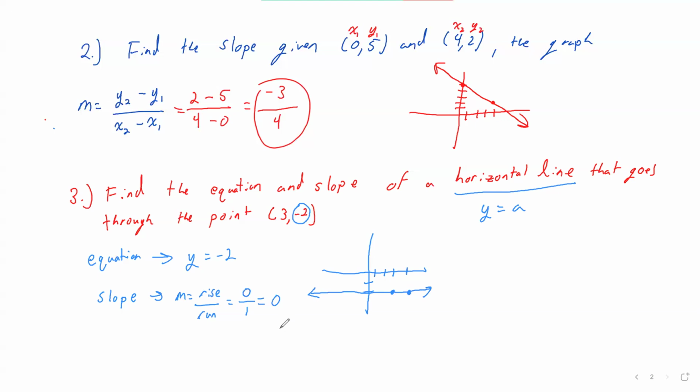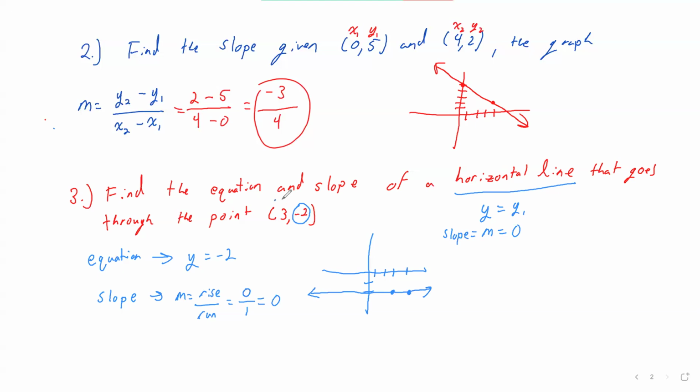0. So the moral of this story is a horizontal line will always have a slope, that's what m represents, of 0. Will always have a slope equal to 0. And to make this a little bit easier for you, what you can say is that your horizontal line will be y equals y1.